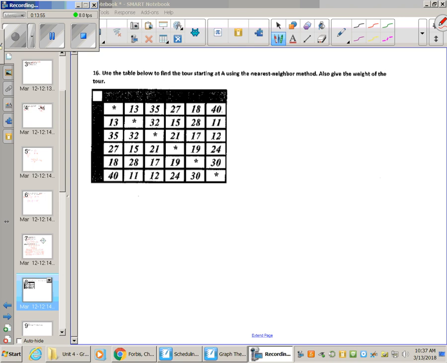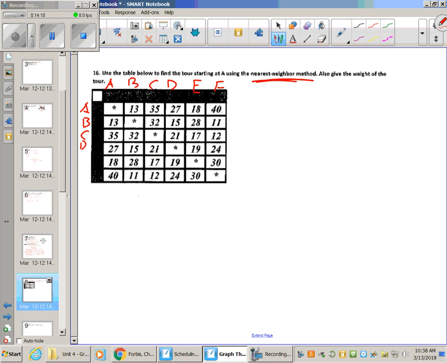All right, you'll also be expected to be able to do the nearest neighbor method using a chart. Sometimes this helps organize it, especially when we have a bunch of vertices. So let's go ahead and go through it. It's kind of blurry on your paper, but this is A, B, C, D, E, F. Same thing here.